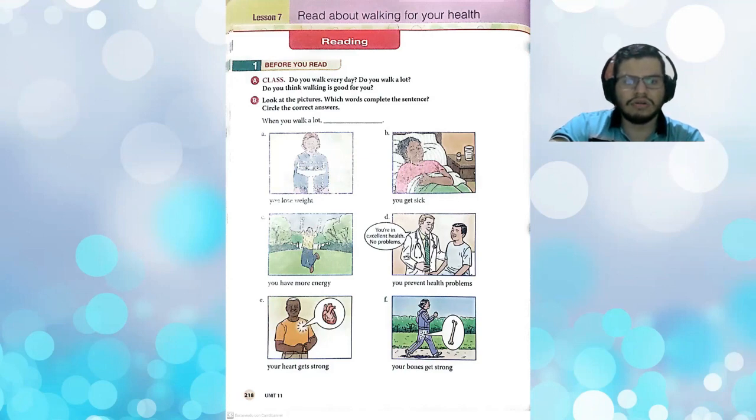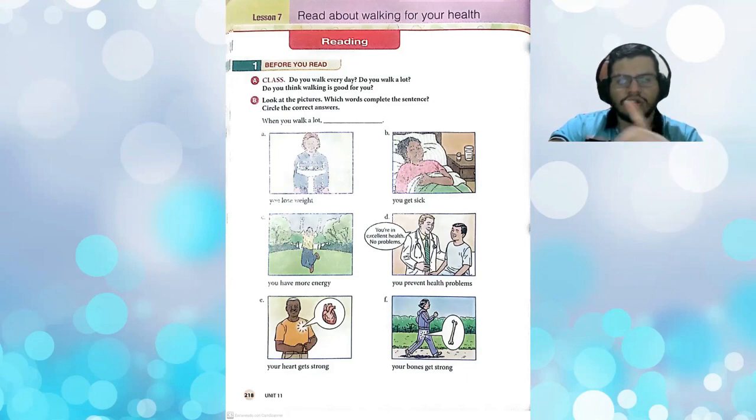Ajá. You lose weight. What else? You prevent health problems. You're in excellent health. No problems. Yeah, and the others are related with the same. When you walk a lot, you lose weight.